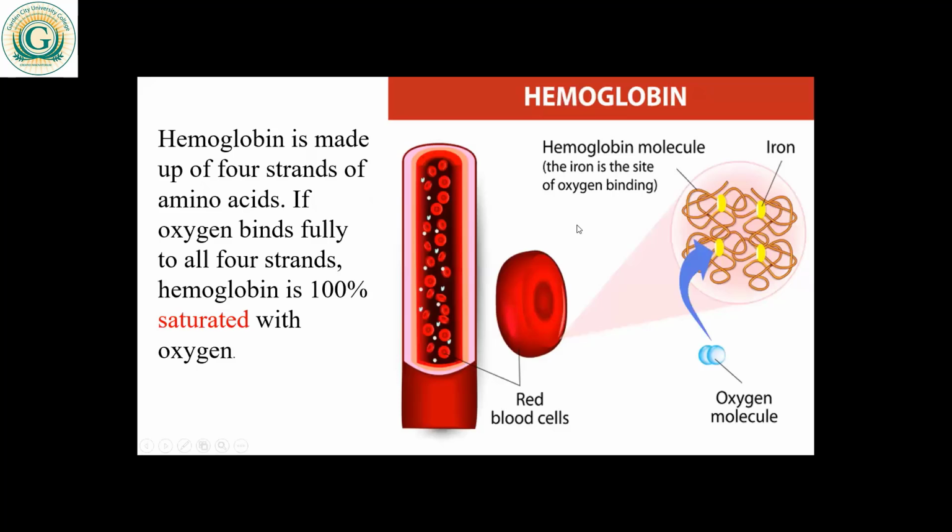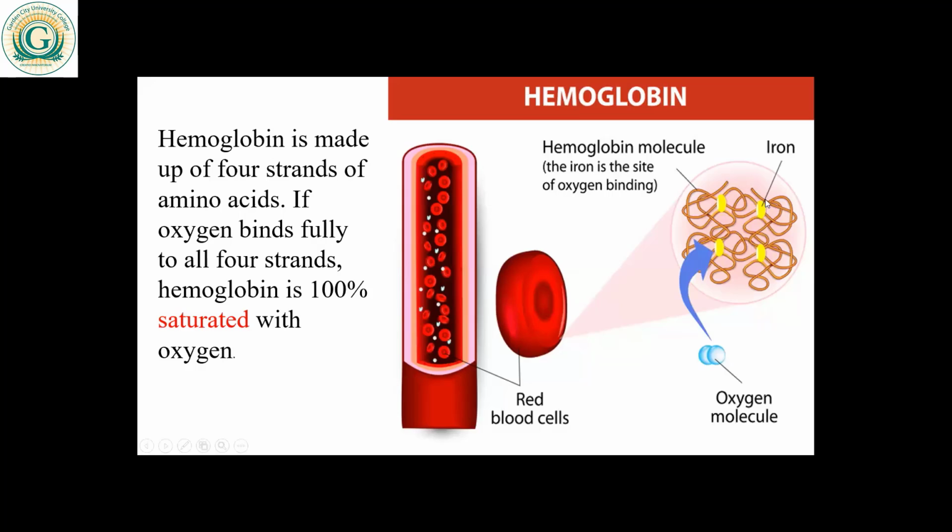Let's look at hemoglobin. Hemoglobin is made of 4 strands of amino acids, and it binds fully to all 4 strands. Hemoglobin is 100% saturated with oxygen when 4 molecules of oxygen bind to these 4 strands of amino acids.